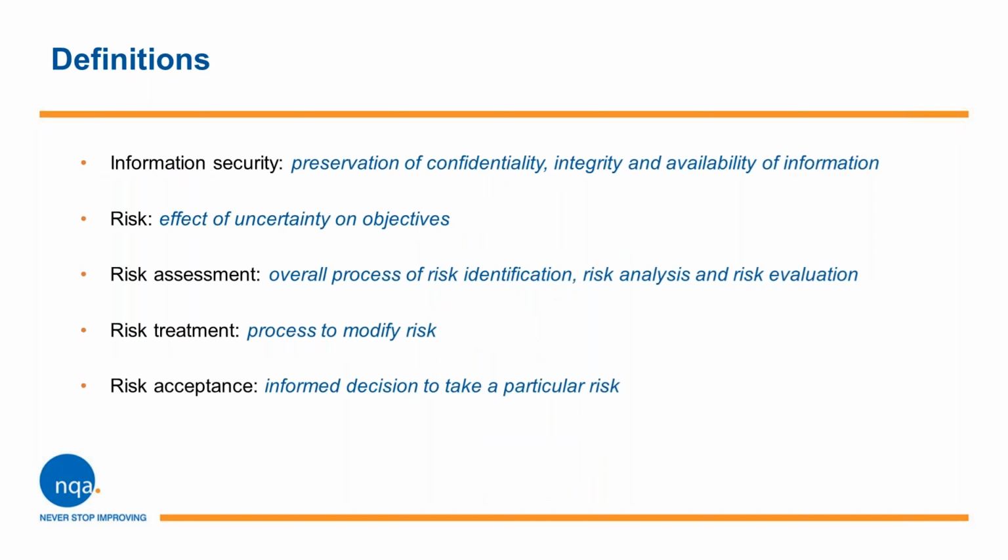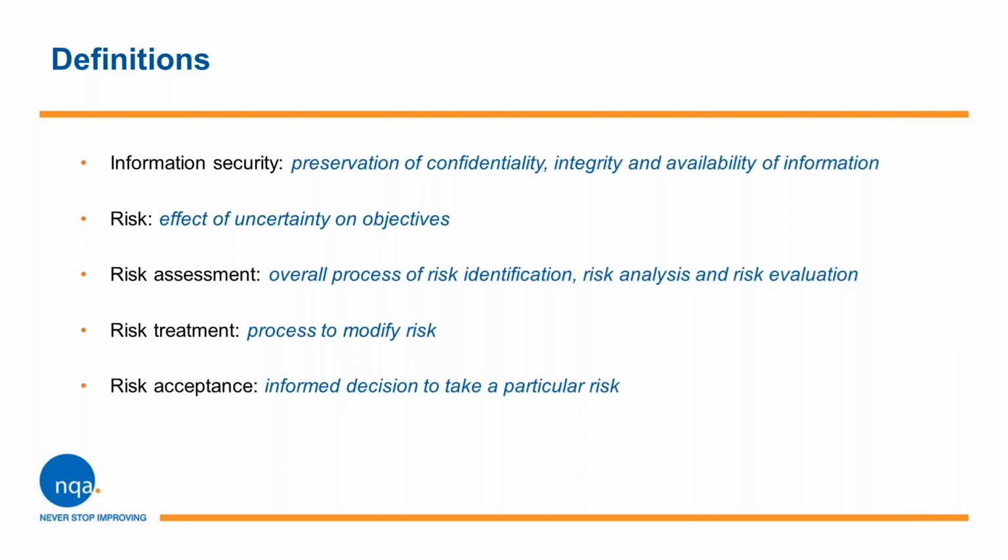So as we said, we're going to look at information security risks and risk assessment. So here are some definitions. Now, according to ISO 27000, Information Technology Security Techniques ISMS Overview Vocabulary, a lovely document if you want to take up and read it.